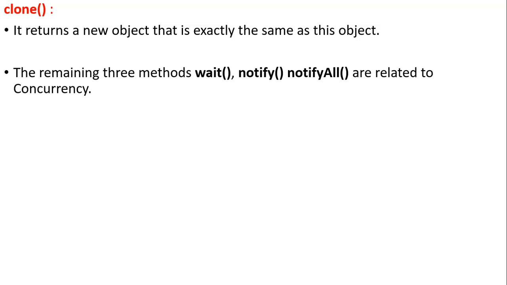The remaining methods are wait, notify, and notifyAll. These are used in concurrency. If you take your classroom as an example, if one faculty is giving a lecture, the other faculty has to wait outside, right? That is nothing but concurrency. One after the other has to come into your class.